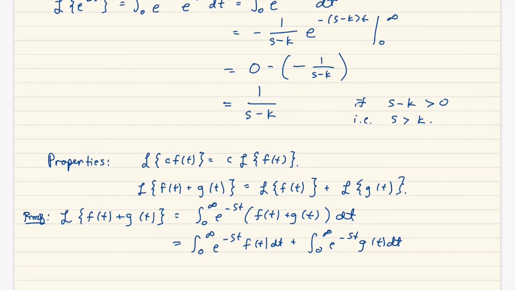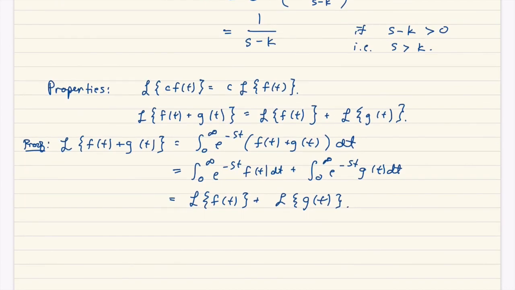And that's nothing more than the Laplace transform of f plus the Laplace transform of g. It's always nice to see a proof if necessary, but that's it. So you just write it out. It works. Everything is good.